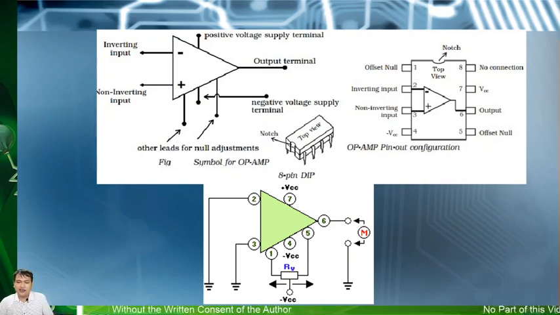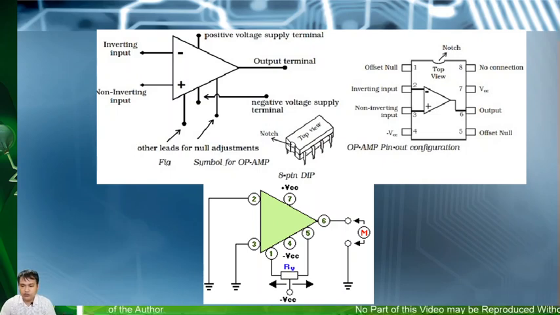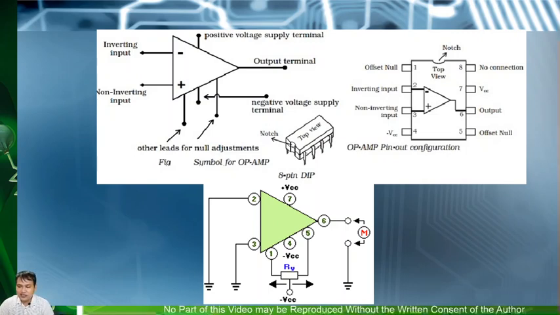But in the practical application of the op-amp, the output would not be 0, but a value very near 0. And this value is the error of the output.